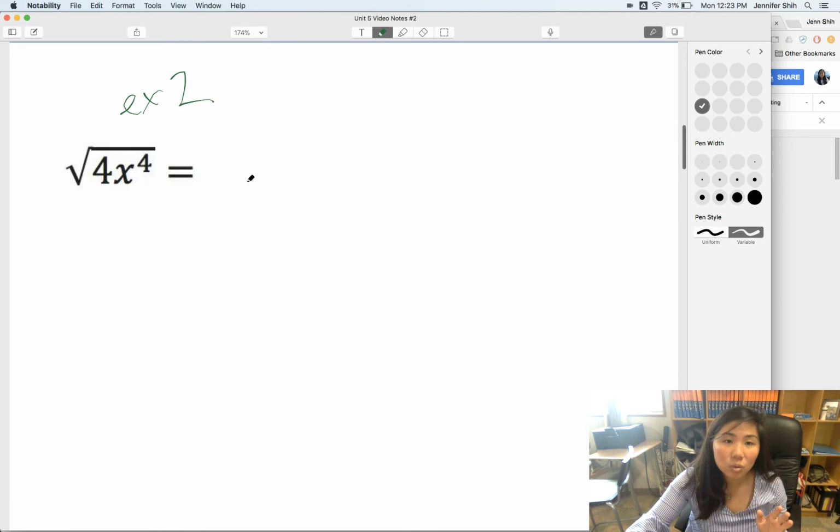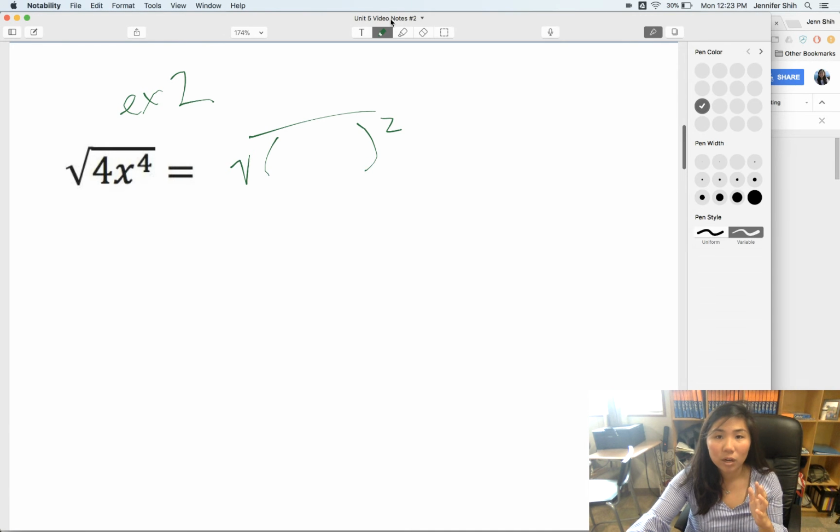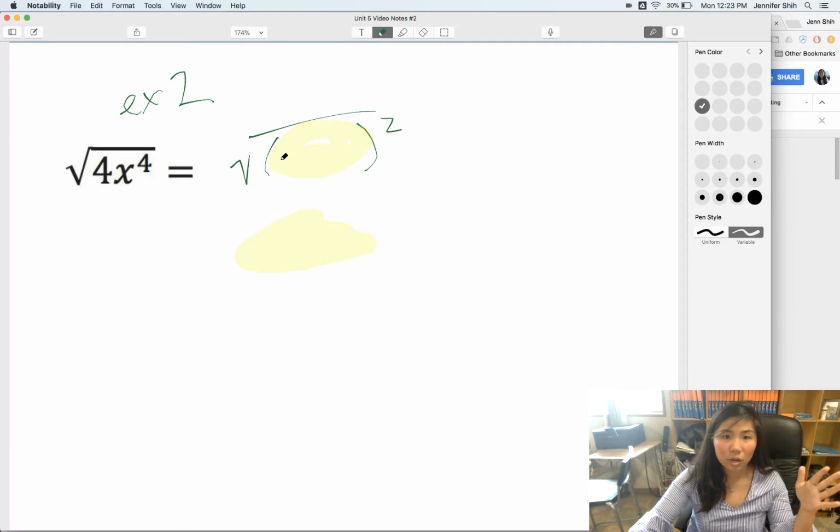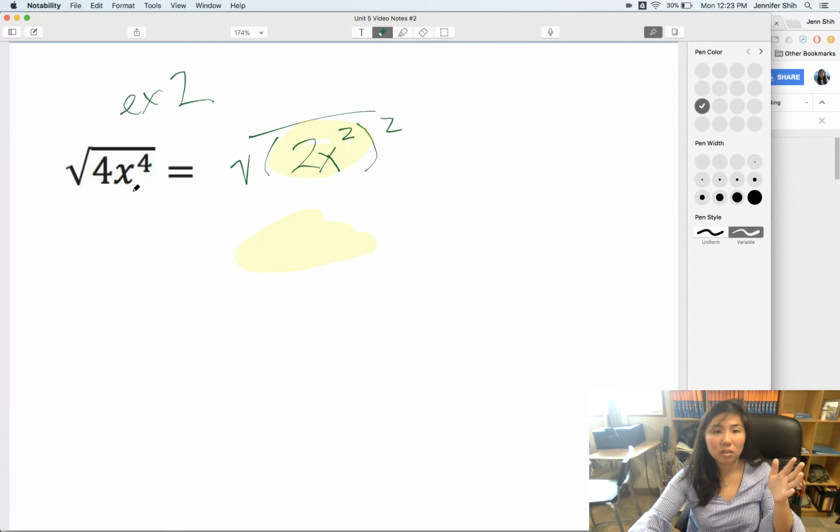Example number 2: if you can get it to look like this, something squared, then whatever is in here will just end up being your answer without the square root. Then it's released from the square root. So if we did 2x to the second power, because if you square this, 2x to the second power, you get 4x to the fourth.